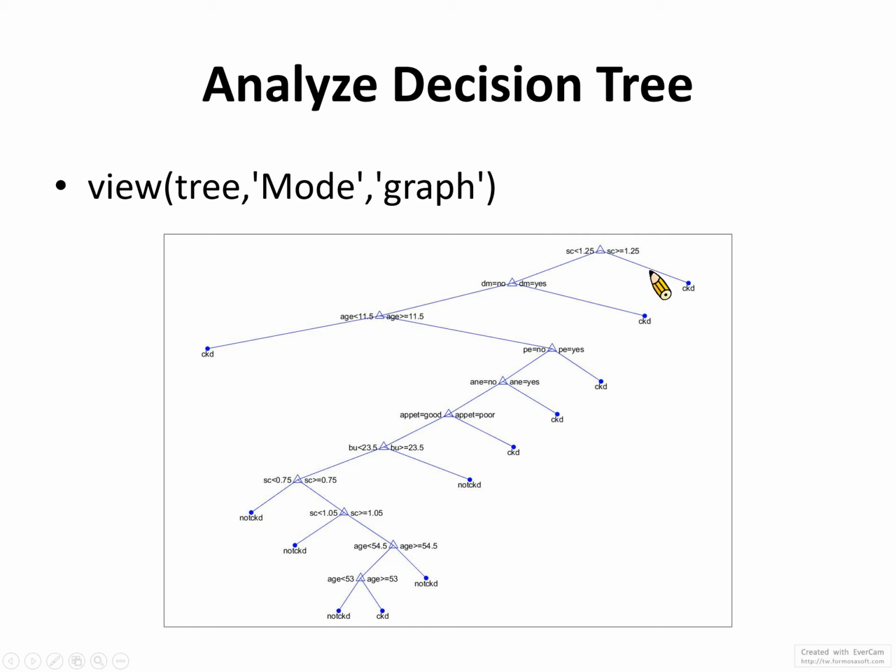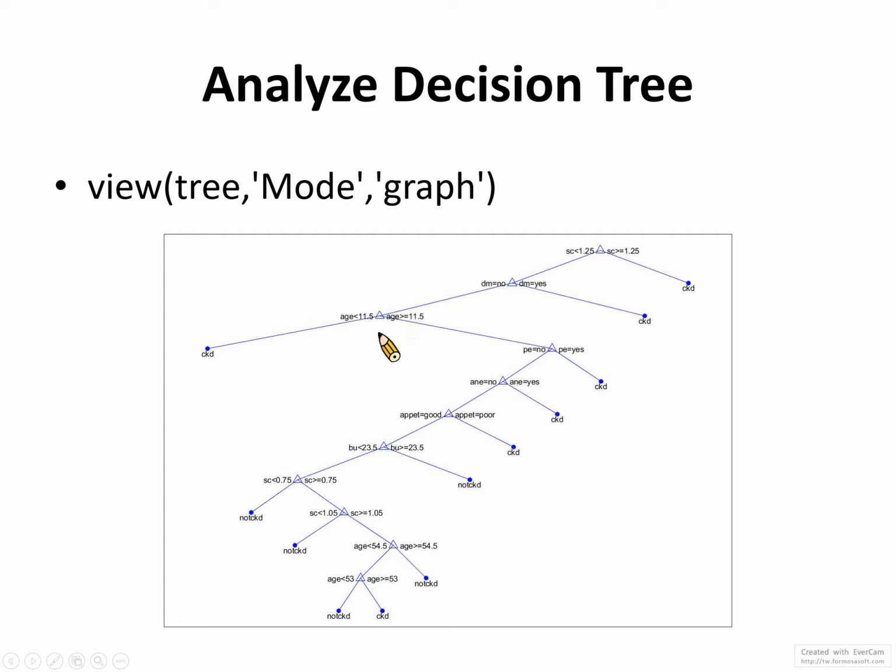For the first decision node, you will see that the most important predictor is serum creatinine. If this SC is larger or equal to 1.25, then it's CKD. If the value is smaller than 1.25, then we need to determine if the patient has diabetes. If yes, then it's likely that the patient has CKD.